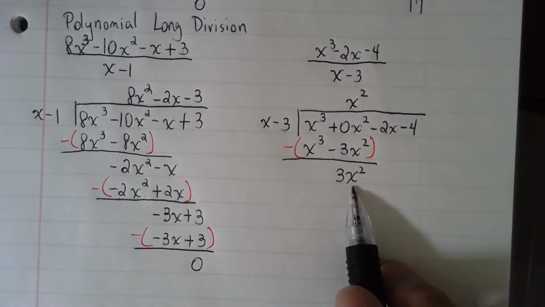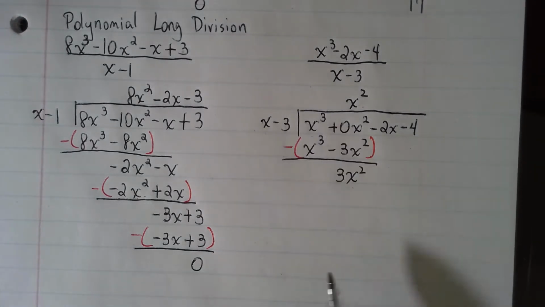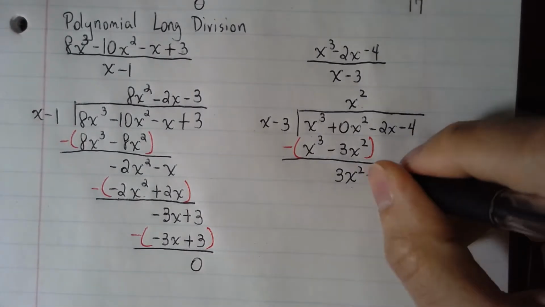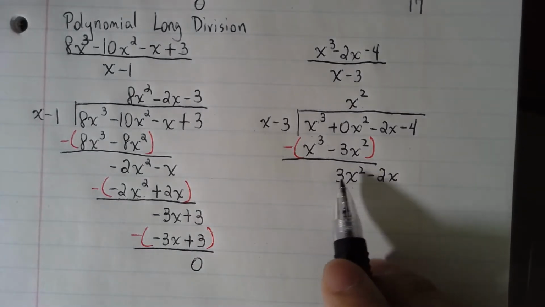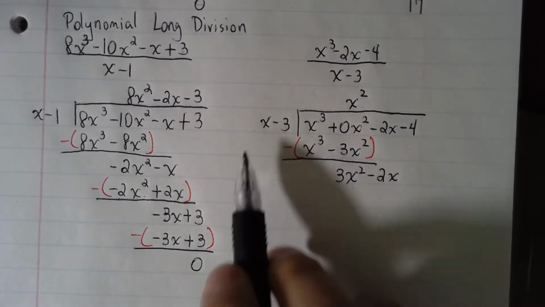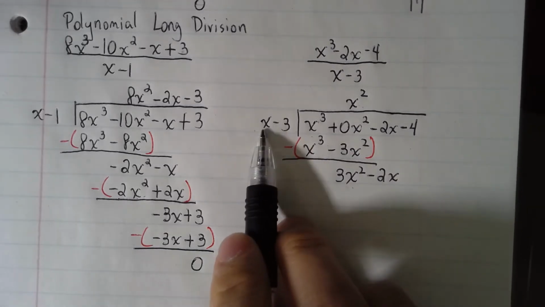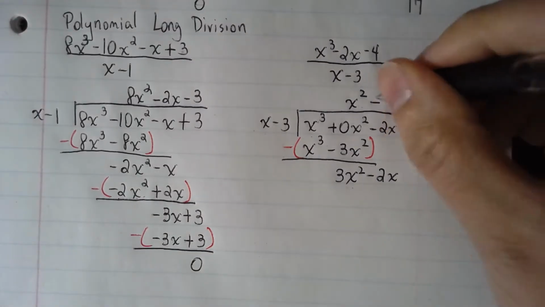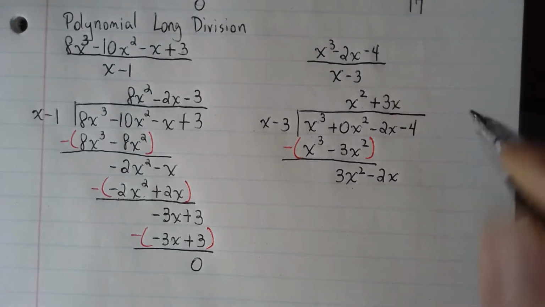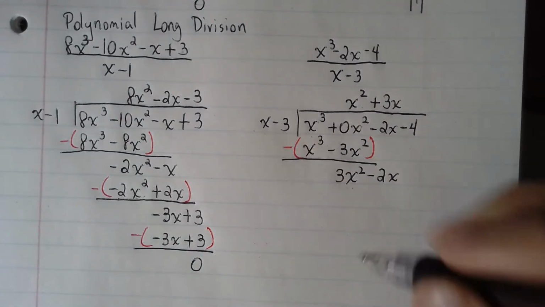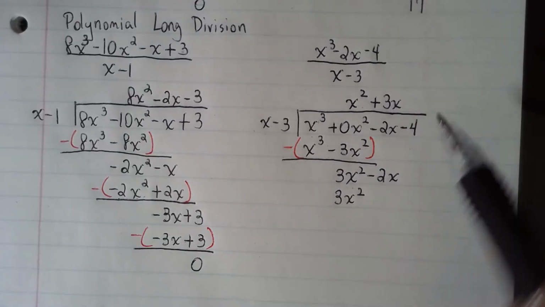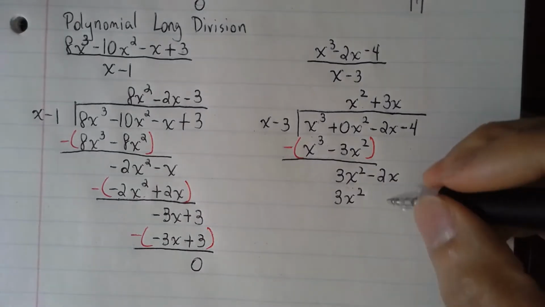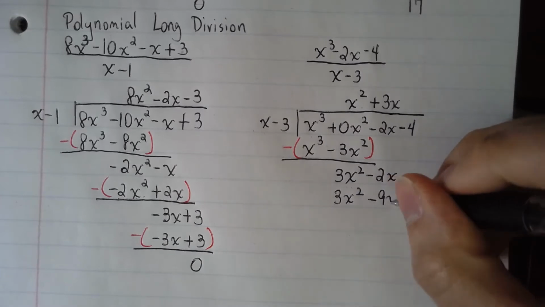I only have one term left and I need 2 to keep going, so I'll bring the next one down. Our goal once more is to match this first term, positive 3x squared. Therefore, I need to multiply by positive 3x to achieve that. 3x times x is 3x squared. 3x times negative 3 is negative 9x.